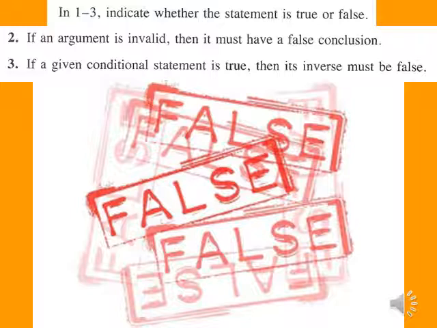And again, just because you have a conditional that's true doesn't mean the inverse is going to be false. In fact, if you had something that would make sense as an if and only if statement, then it would have a true inverse also. So, yes, the falsehoods that we came up with are not good arguments, but they don't necessarily lead to false conclusions. They just could.